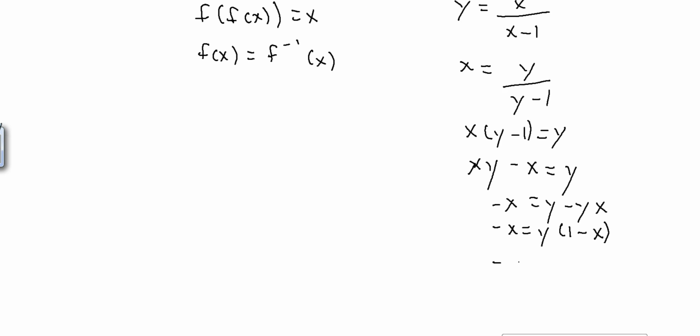So negative x over 1 minus x equals y. And this y is actually the f inverse of x, equals negative x over 1 minus x.